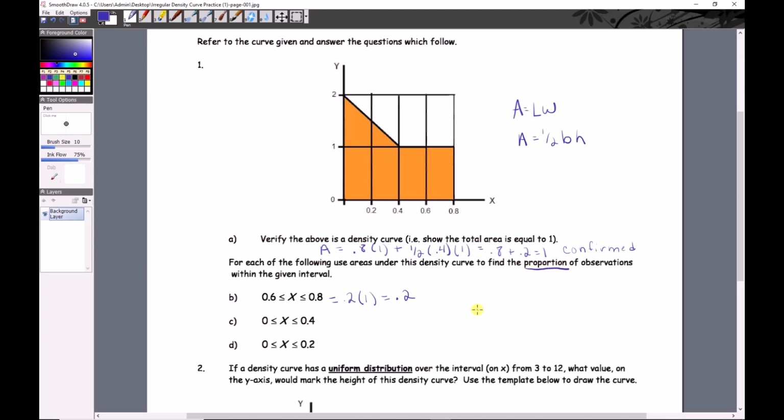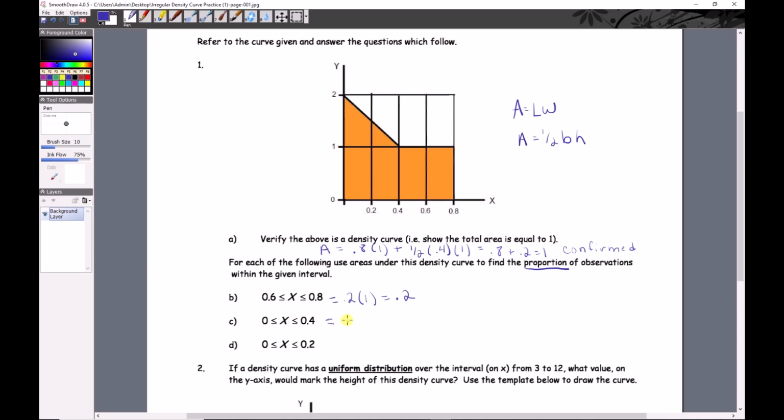Okay, so between 0 and 0.4 would be right here. Get rid of that because it'll be in the way later. And 0 to 0.4, well, it's going to be a rectangle on the bottom, so it's going to be the sum of two things.